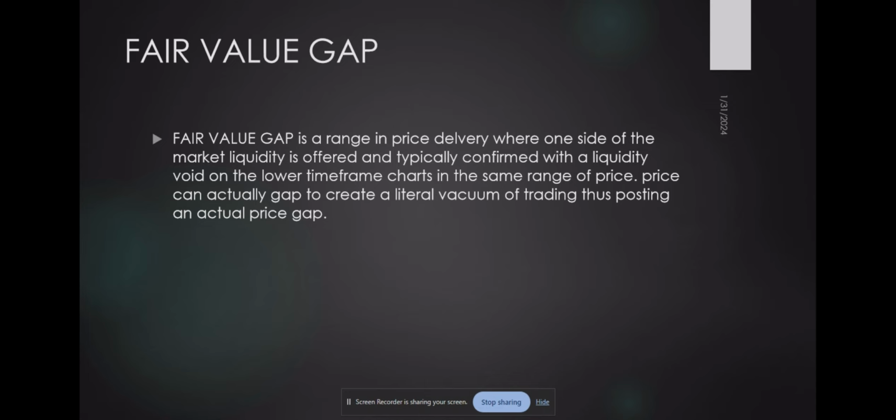These gaps are usually very quick, very fast, and they leave a void whereby inside that void, if you look to the left or to the right, you won't be able to find any trading activity that took place inside that gap. And it's usually just a single candle that has almost no wick sometimes.